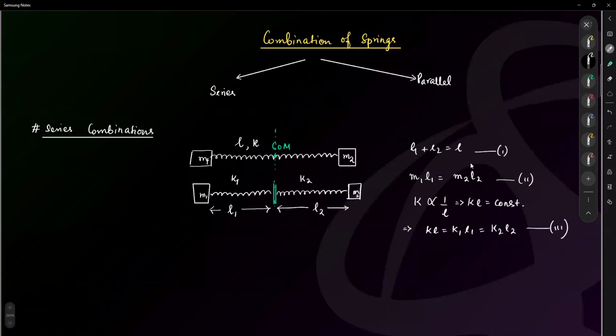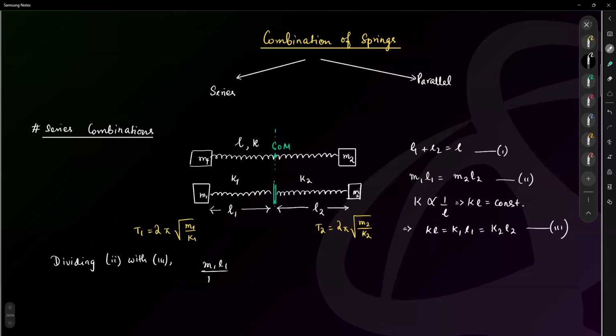Now, the time period of the first one is T1, which is equal to 2 pi root over of M1 by K1. And time period of the second one is equal to 2 pi root over of M2 by K2. Now, see one thing. Dividing the second equation by the third equation, what will we get?